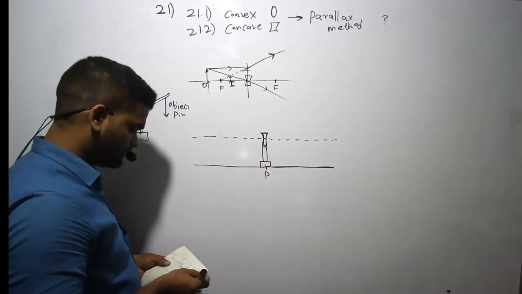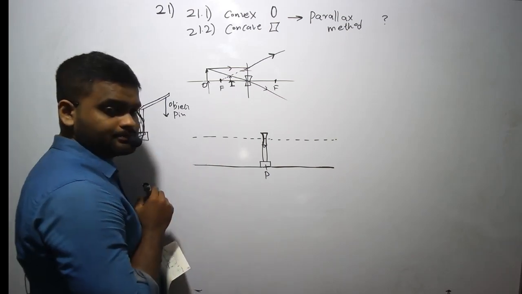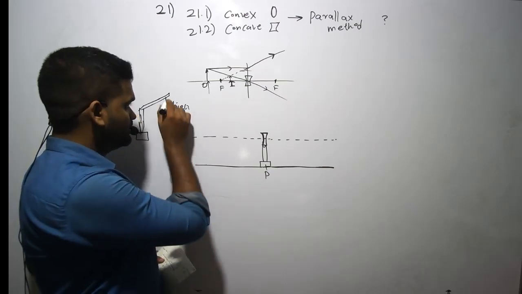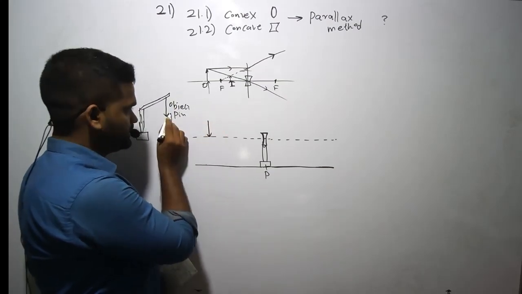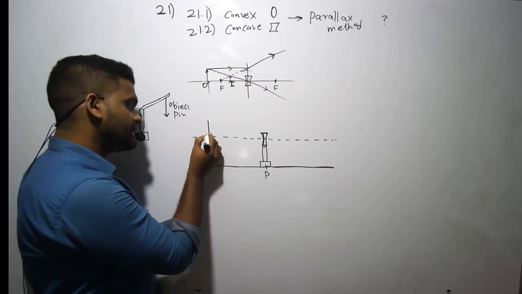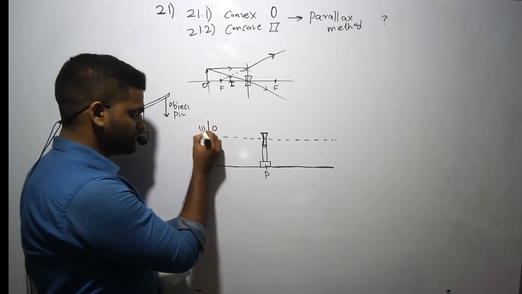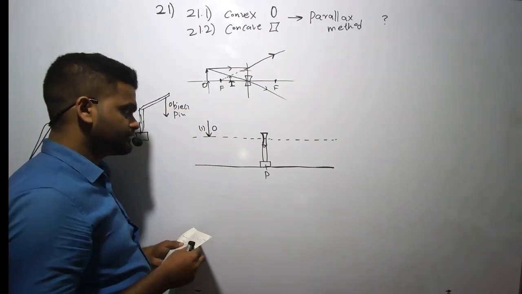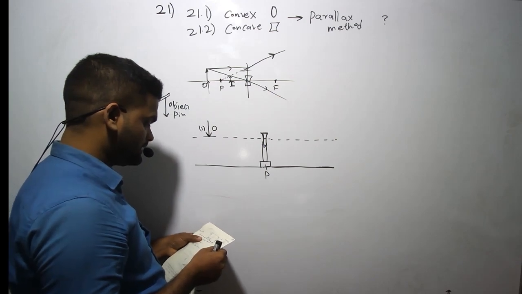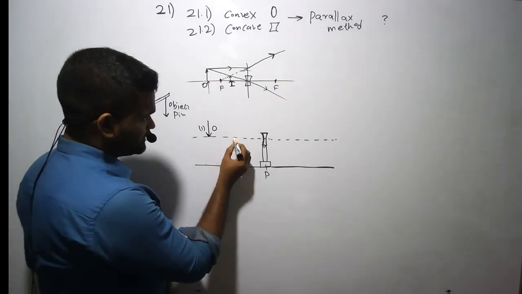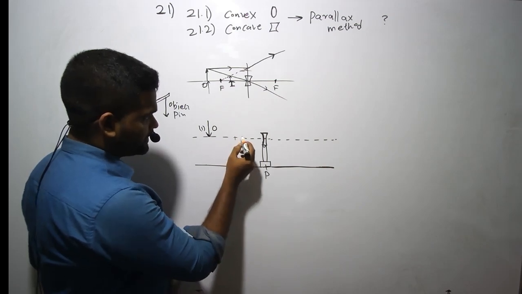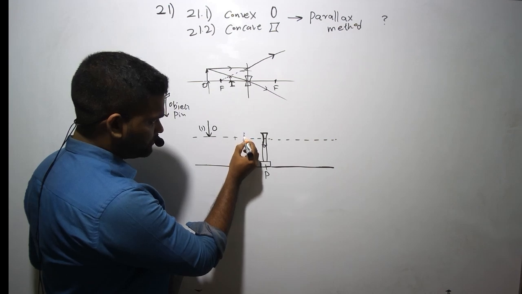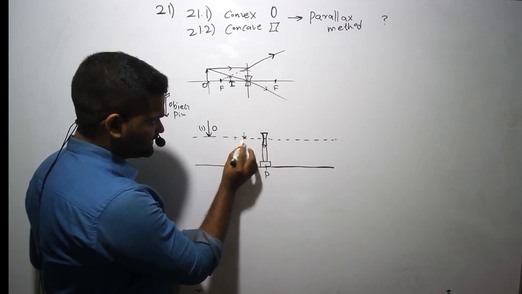Position P. Then you place the object pin like this. You will understand why. So this is pin 1, right? So it is hanging. It is placed like this. Now what's going to happen? Let's say focus is somewhere here. A small image of this object is going to be formed between focus and the lens.